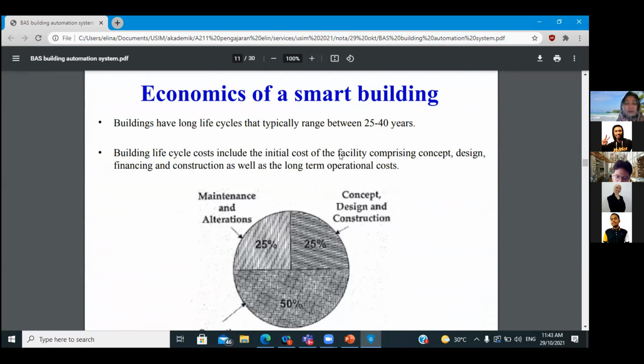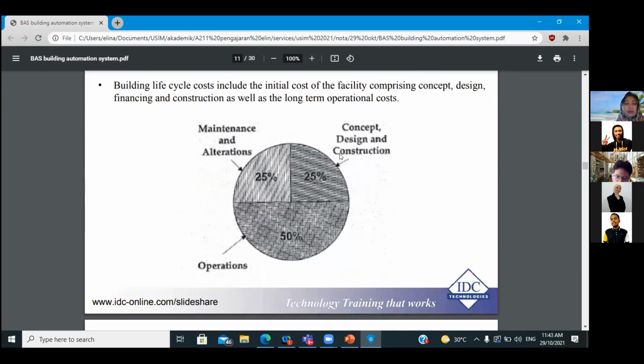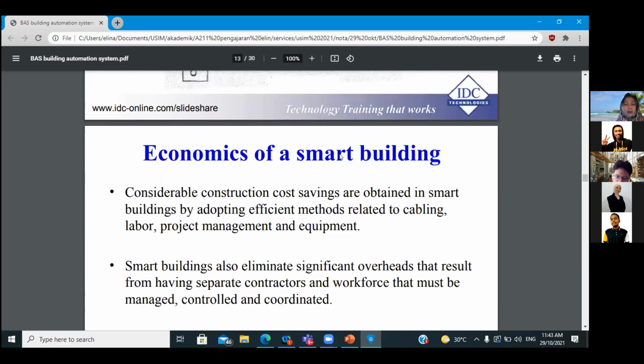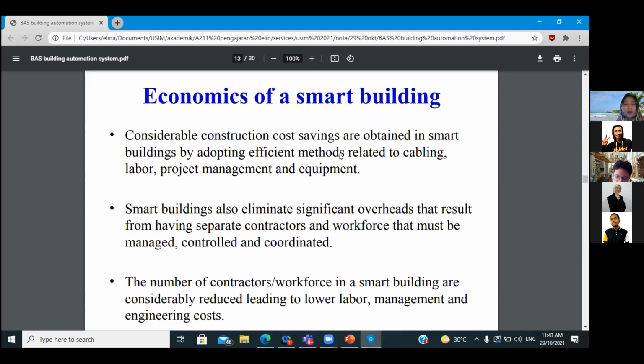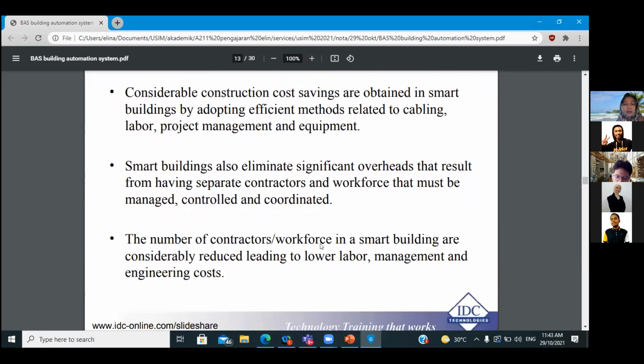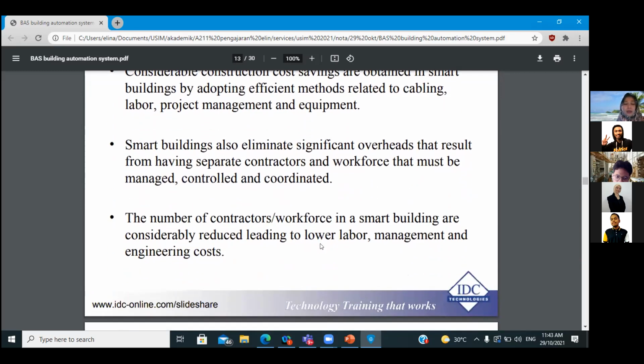This gives much value to the building as a designer. So you talk about the economics of a smart building. When management and control are coordinated, how do you reduce the management and energy engineering cost, let's say the material? This is a task for the architects.